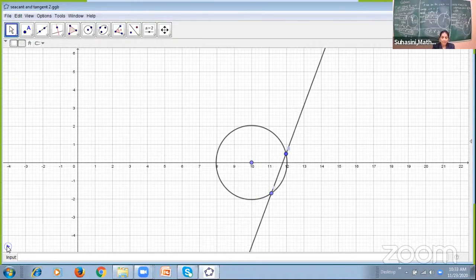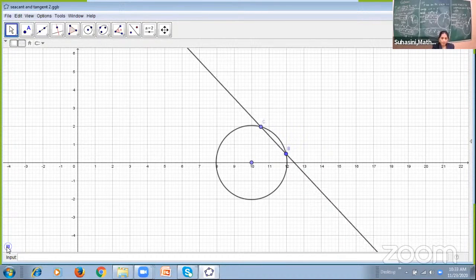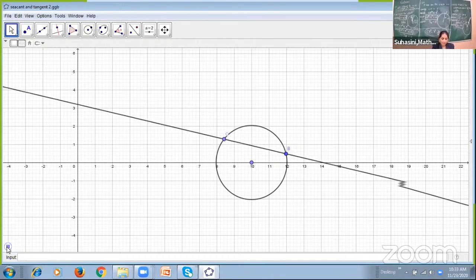See, it is closely approaching. Now it will no more be a secant, it will become tangent.